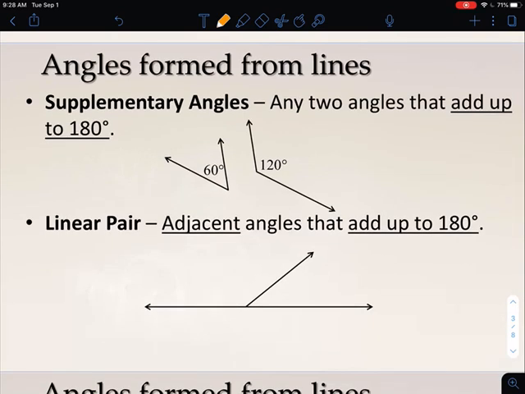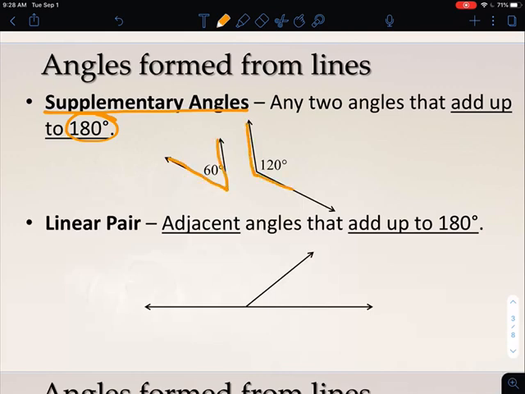The next type is supplementary. So this is again where we've got to be kind of careful and keep things straight. Supplementary angles are any two angles that add up to 180. So here's the key here. For supplementary, 180 total degrees. Now, just like with complementary, there's two different scenarios that occur.